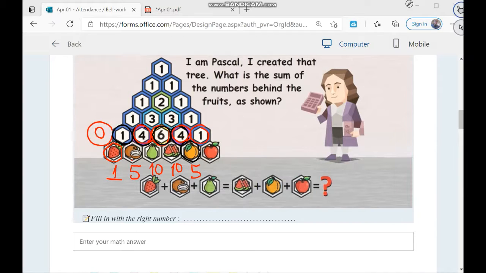And finally the apple, 1 plus 0 is 1. 1 plus 5 plus 10 plus 10 plus 5 plus 1 equals 32... no, 16 is the right answer. So you type here, 16 is the answer for today's bell work.